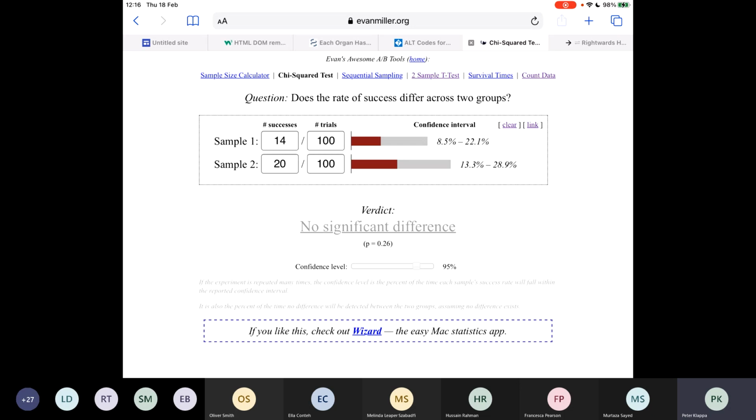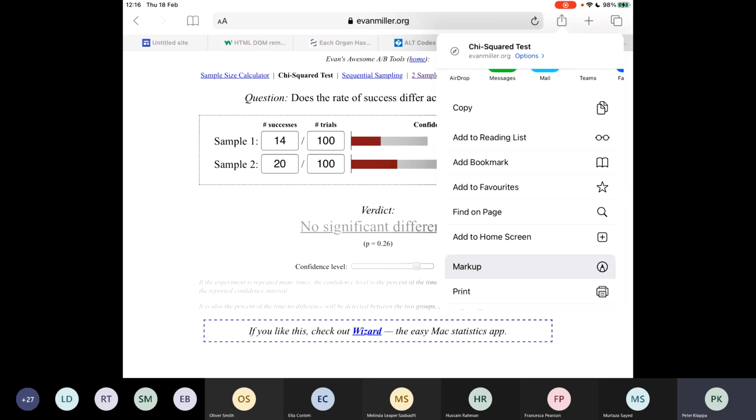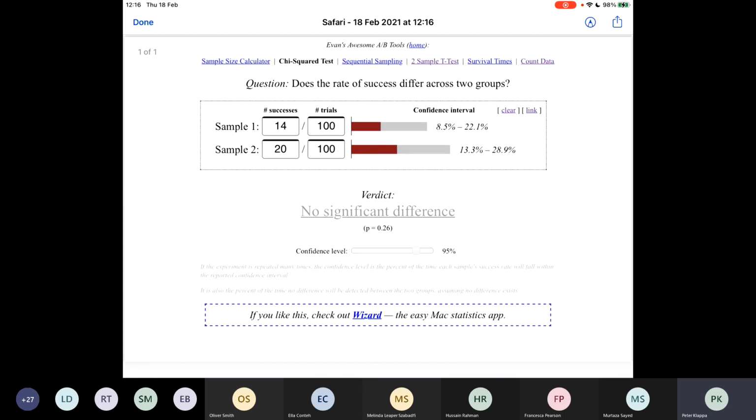Let me see if I can do a markup for that. Okay. So we are just dealing with one sample at the moment because we are just looking at one of these plates. And instead of 14, we said we have 10 cells in our example and a total number of 30.